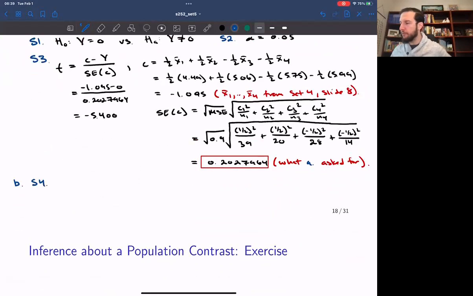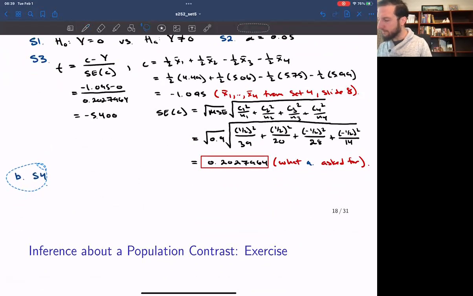On step 4, we can take either the p-value or the critical value approach. We're running a t-test, so everything from this point is exactly like it was before in terms of determining if we have evidence for or against the null.